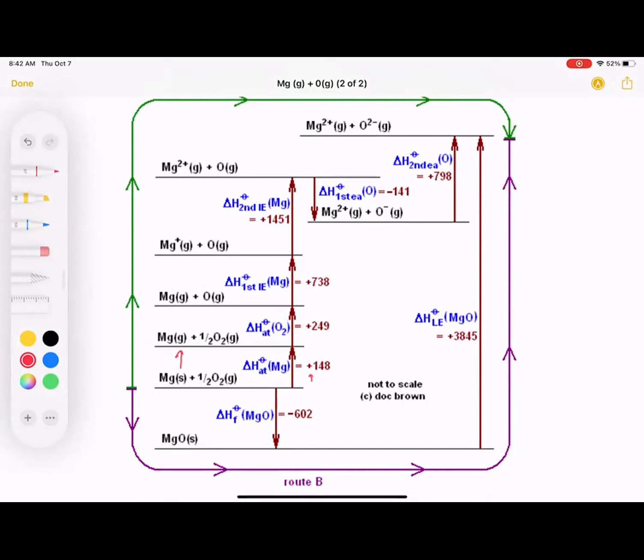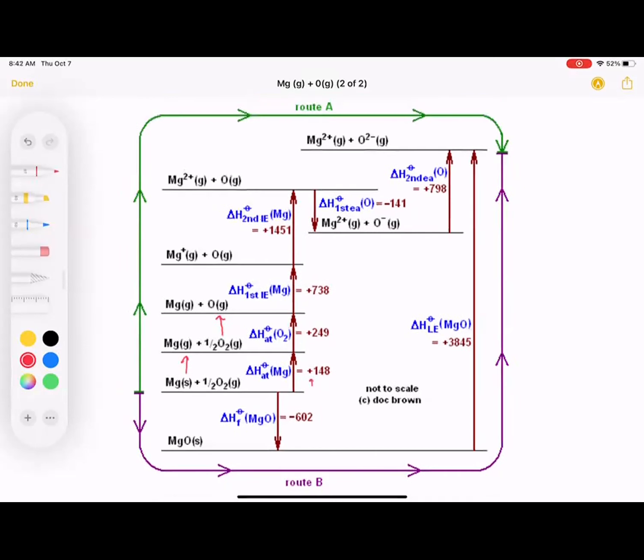The next thing we did is we took our oxygen and actually got it from O2 to simply O. This would be a bond dissociation energy. And again, you'll notice it's positive because we're breaking the O2 bond.